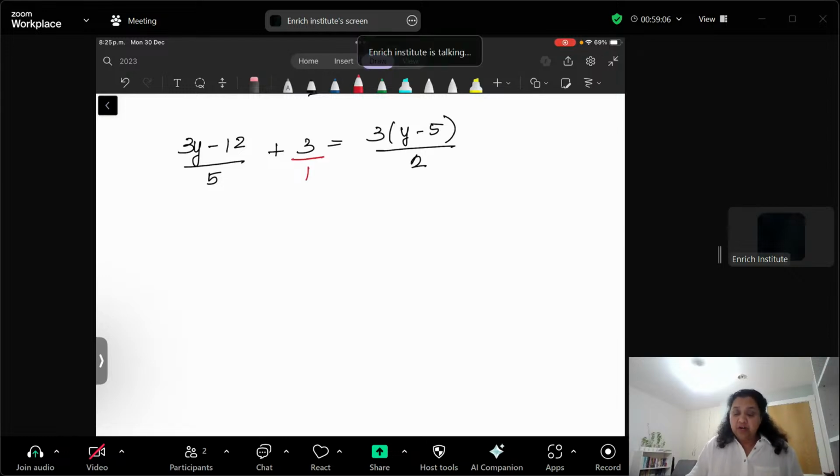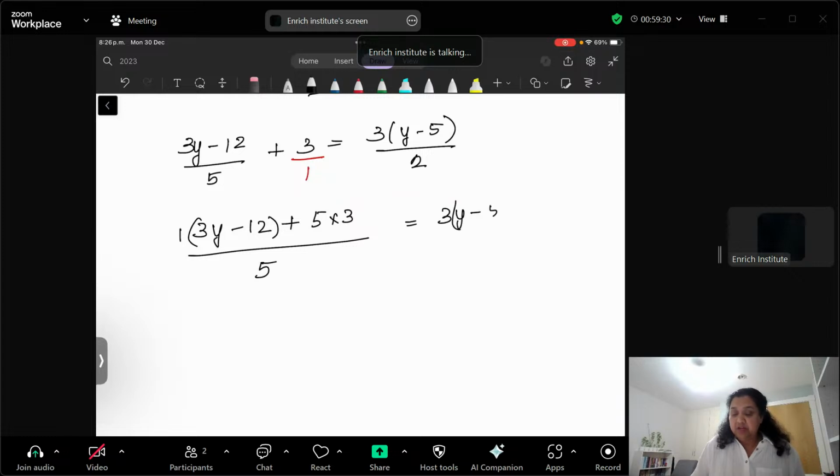So I'll put a 1 over here and then do a cross multiplication over this. So here it becomes (3y minus 12 plus 5 times 3) divided by 5 is equal to 3 times (y minus 5) over 2.